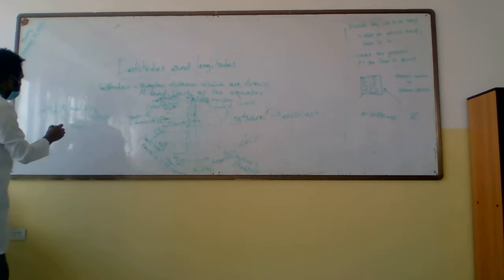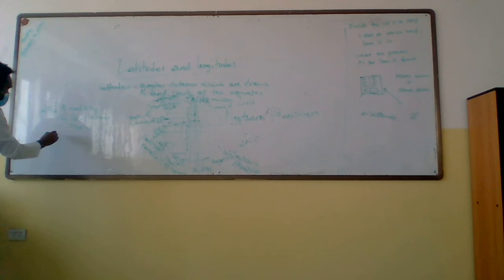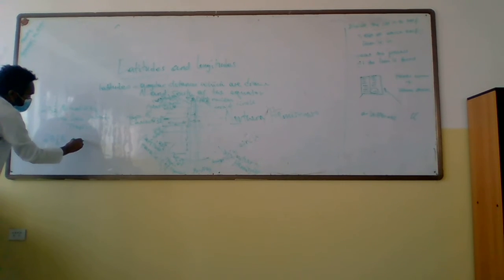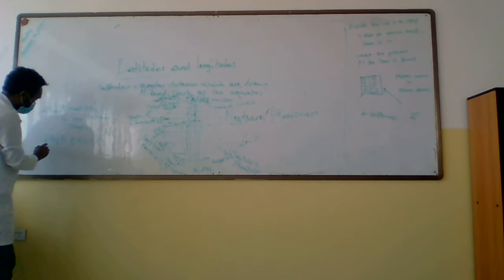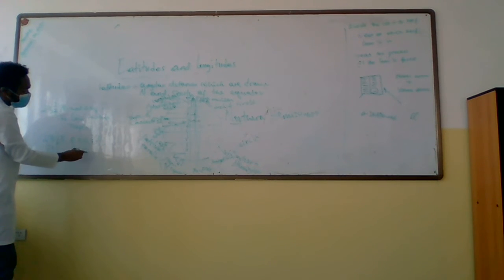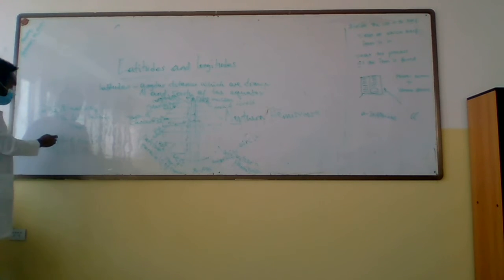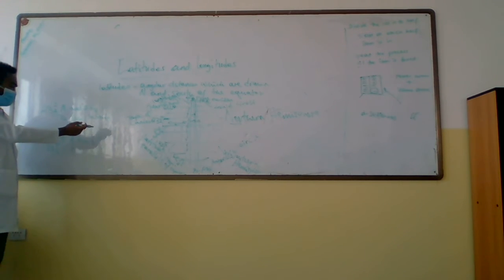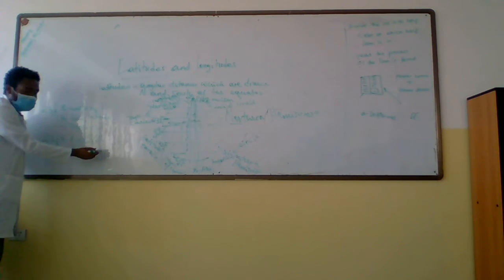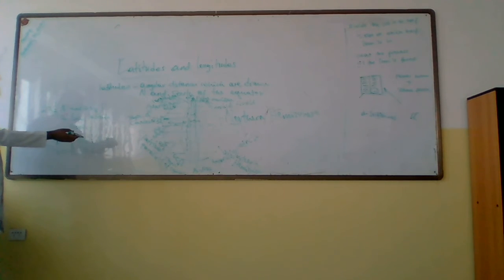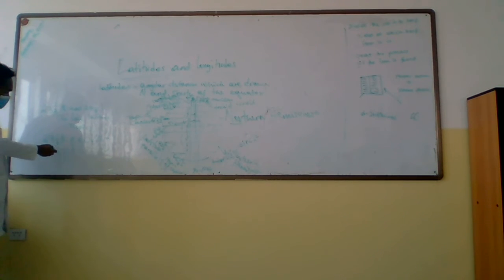The other thing is the area between 23 and a half north and 66 and a half north, and between 23 and a half south and 66 and a half south, which is between the Tropic of Cancer and the Arctic Circle, and between the Tropic of Capricorn and the Antarctic Circle.